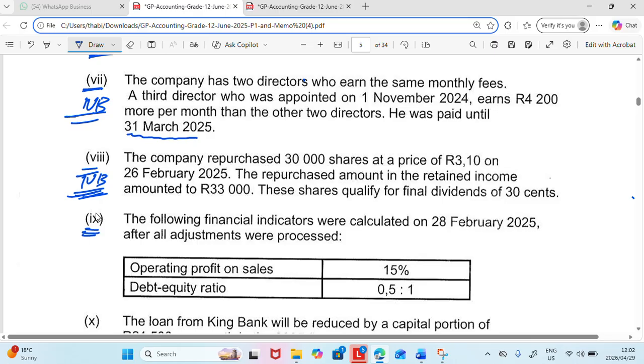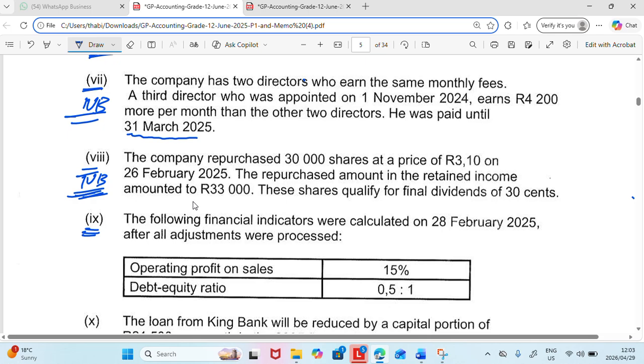These shares qualify for final dividends, the shares that we have repurchased. So what we need to do, we need to notice that 33,000 from the retained income note. Remember, on the retained income note, we record our share buyback at the price that is above the average issue price.